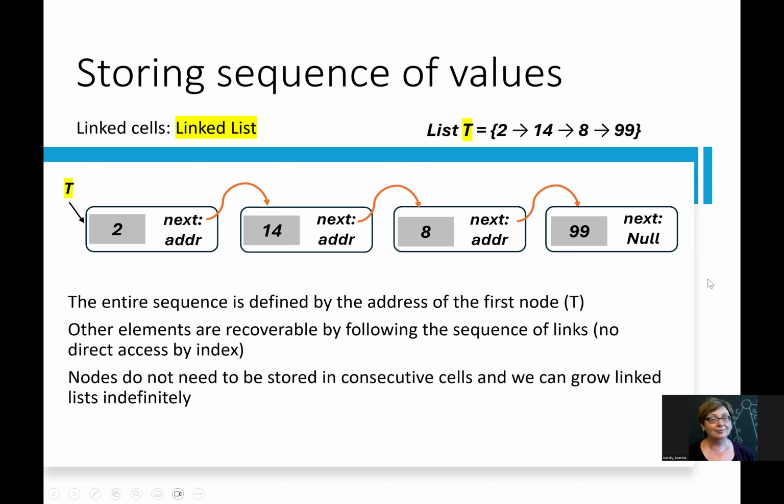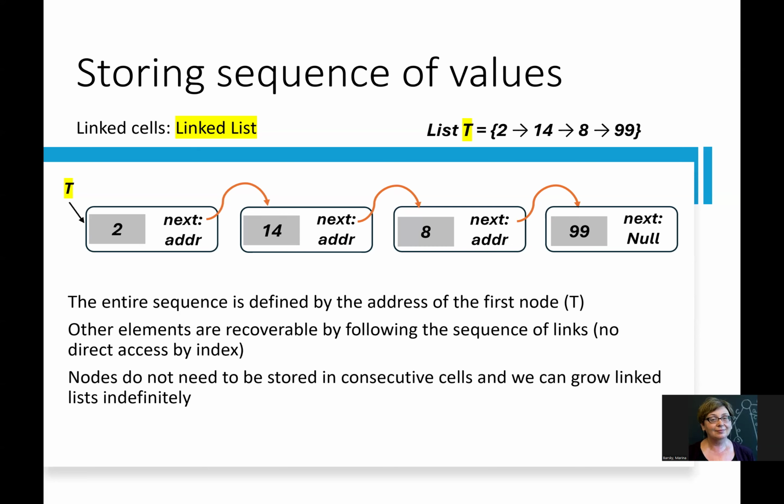So what is special about this arrangement, about linked lists? First of all, the entire sequence is defined by the address of the first node, stored in variable t. Other elements can be recovered by following the sequence of links.